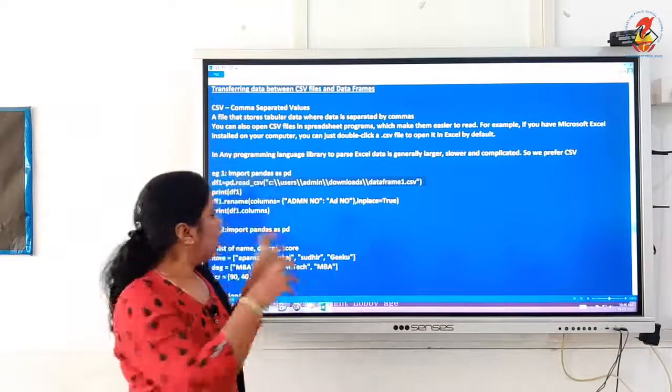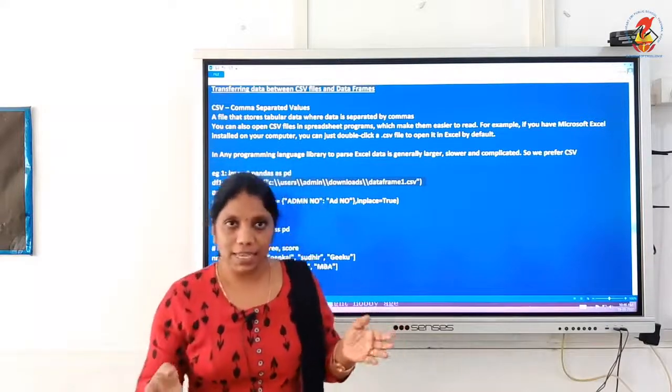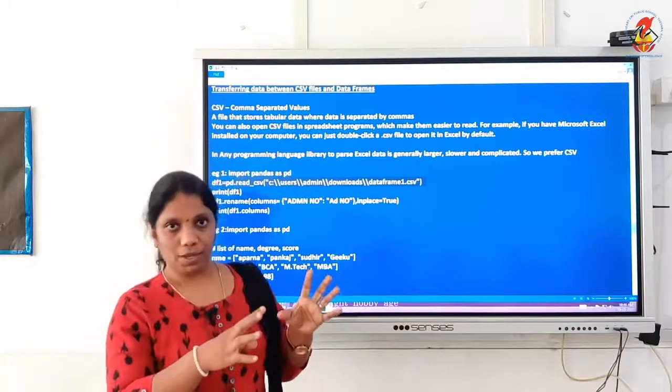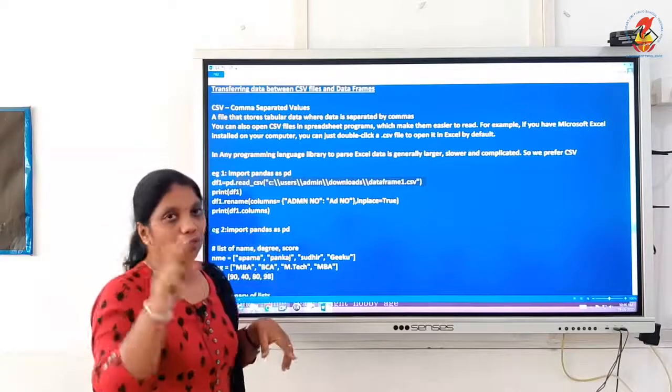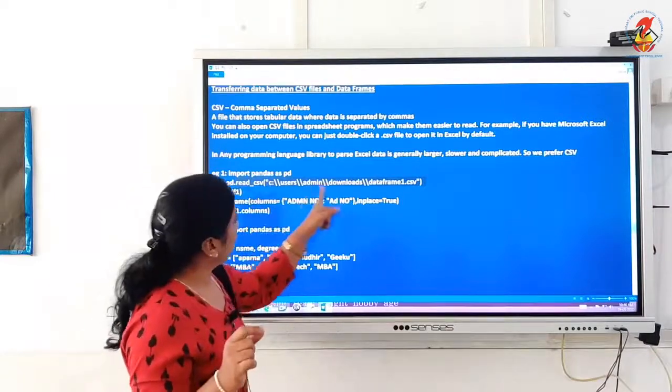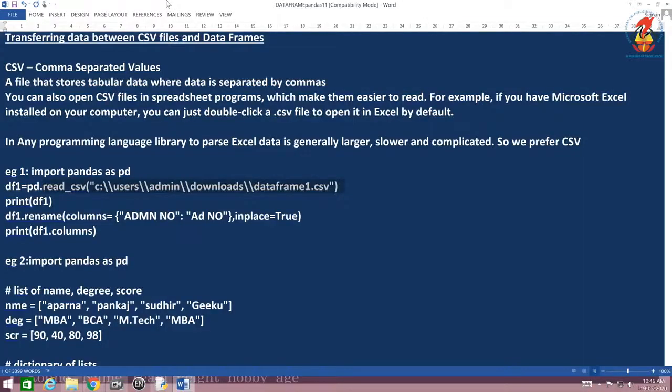So basically, read_csv is a function which takes a string as an argument, and that argument is nothing but the path. So when you are copying the path, keep this in mind, there is a double slash. If that double slash is not there, this will not be displayed. And when you print it, it will come just the way it is found in your CSV, that is, in your Excel file.